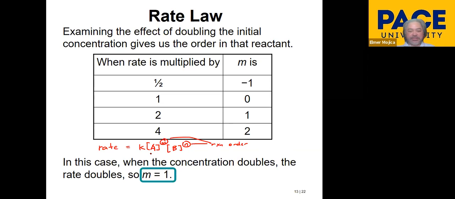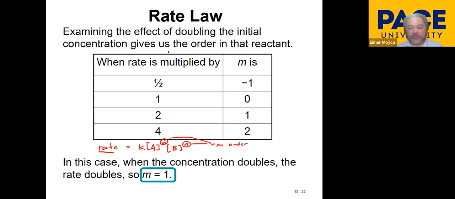By changing the concentration of A while B is constant, we see what happens to the reaction rate. The way that we look at this is, when the rate is multiplied by 1/2, your m is -1. Whenever you double the initial concentration and you see the rate changing, it has a corresponding reaction order.